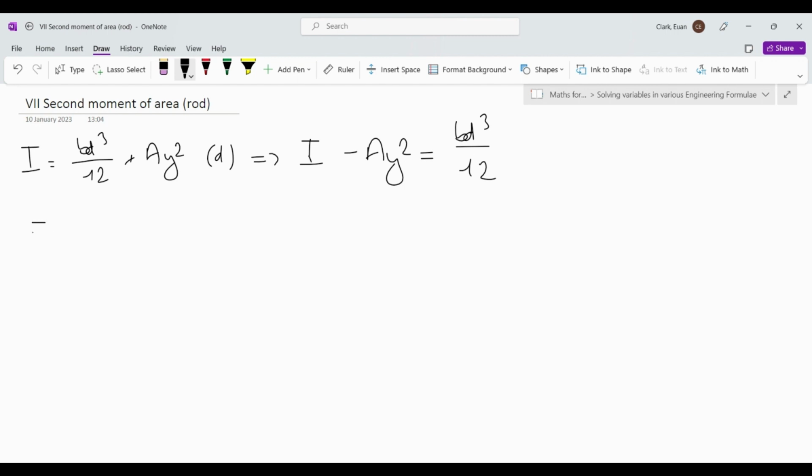So it's just going to be 12 over b, factor of I minus Ay squared. This is equal to d cubed.